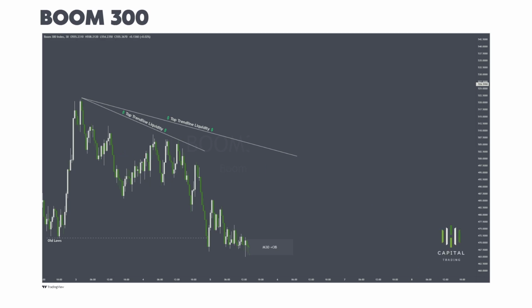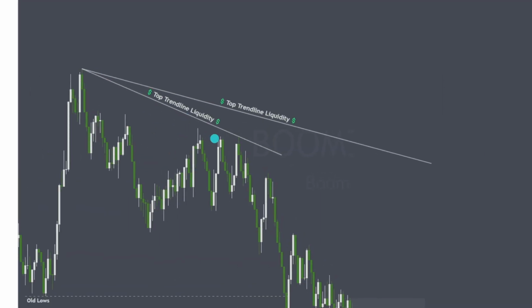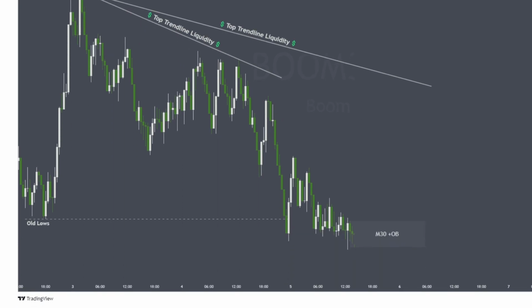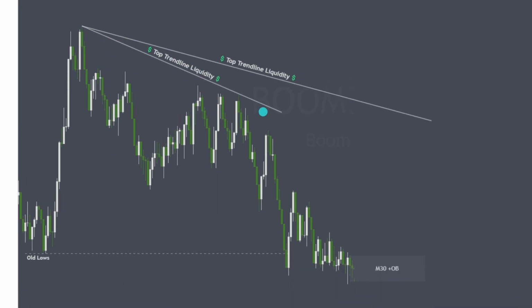On Boom 300, we have these old highs, consecutive old highs. So what happens is, we know that they form a trend line theory. We want to see if price is going to break down an old low, or old lows, or equal lows. And that's what happened here with this consistent down movement.